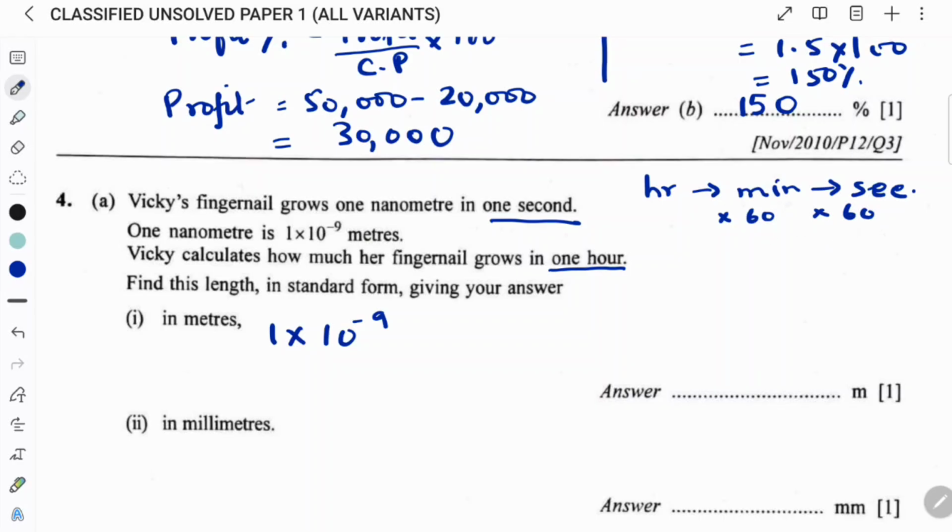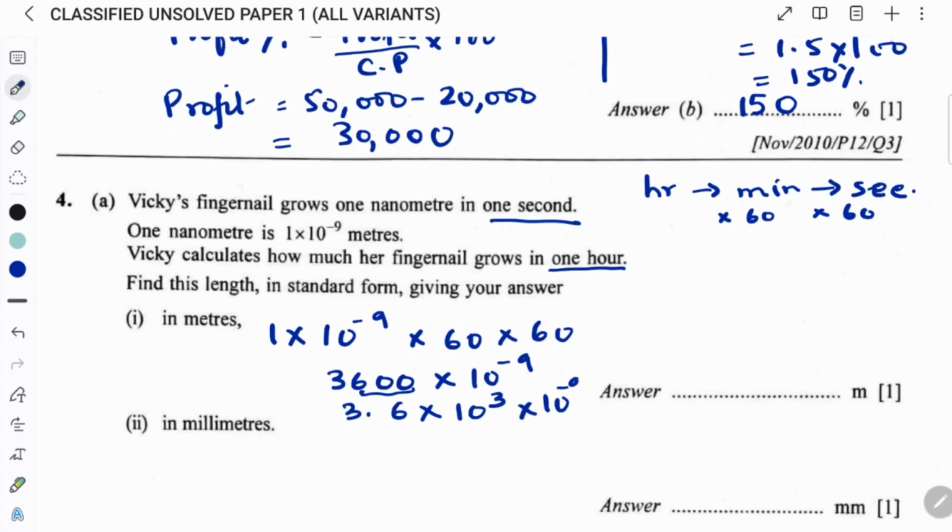Okay, so what you do, you just multiply this number to get into hour, 1 hour, 60 by 60, which is 3600. All right, so 3600 into 10 to the power minus 9. So that is 3.6 into 10 to the power of a positive 3, and then 10 to the power minus 9. Altogether 3 minus 9 is minus 6. So 3.6 into 10 to the power of minus 6 here.